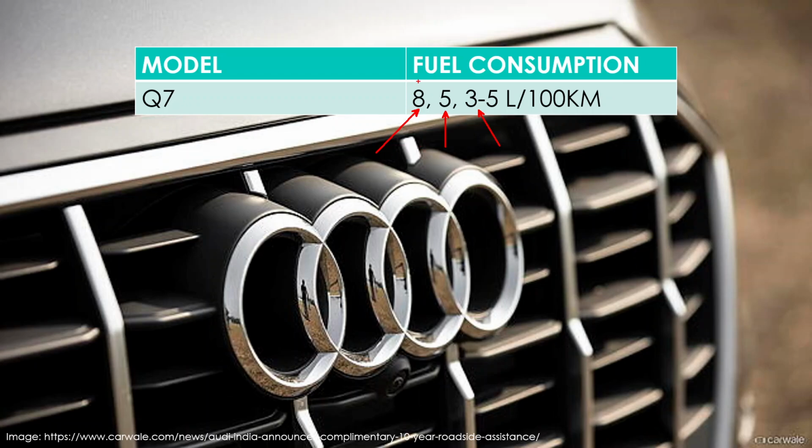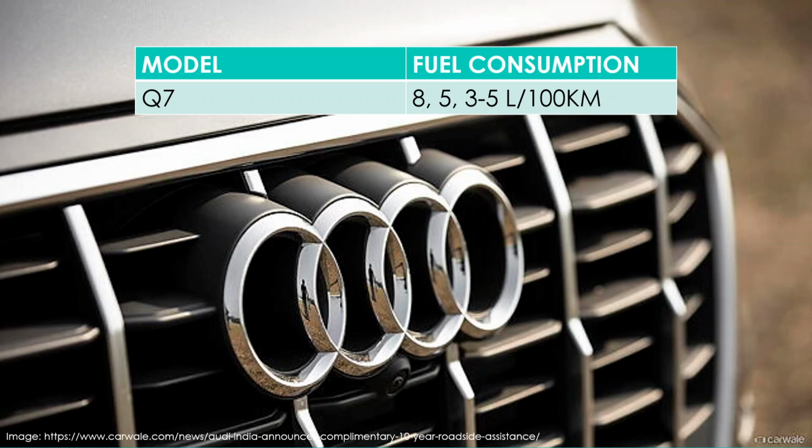Most of the time you want to plan with the worst case if you want to plan your money. So you want to multiply 8 liters by the number of kilometers you normally take times the price of fuel, so that you can save that money and budget it for fuel for your car.